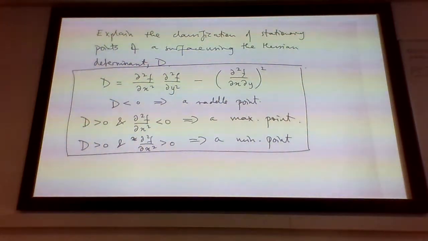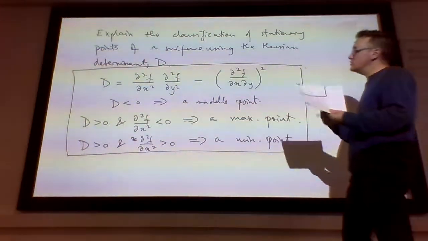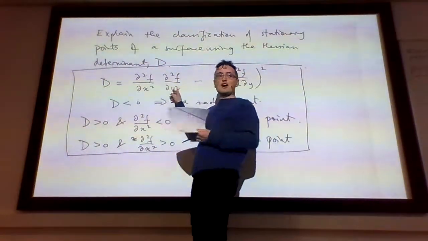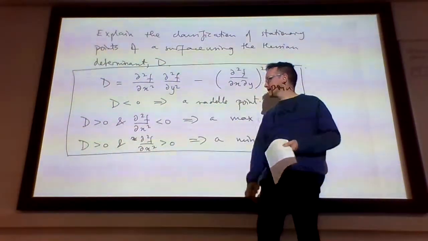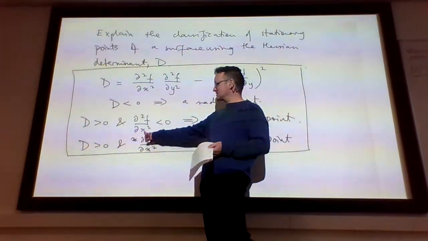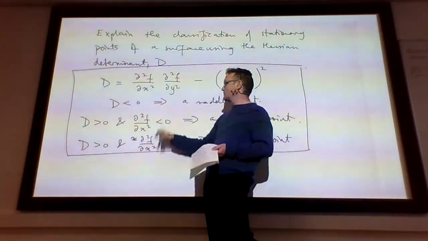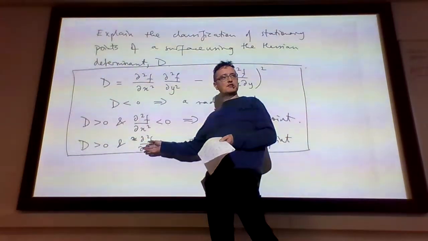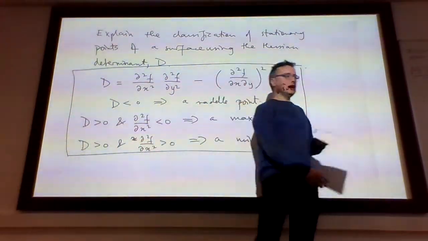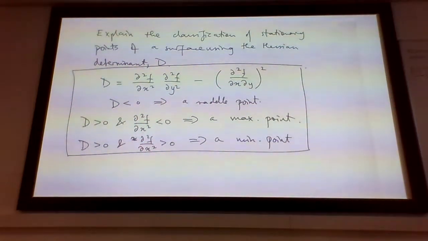Why does it only take into account the second-order partial derivative of x? Well, it will also work if you use the y. So why is it the x derivative being used here as opposed to the y derivative? Well, it would also work with the y derivative. You can use either. That'll become apparent after I've given the explanation here.